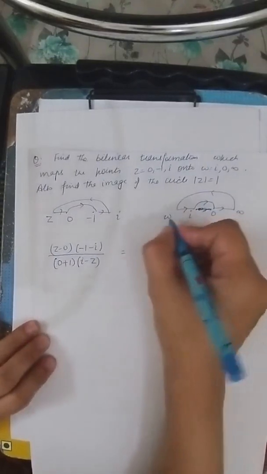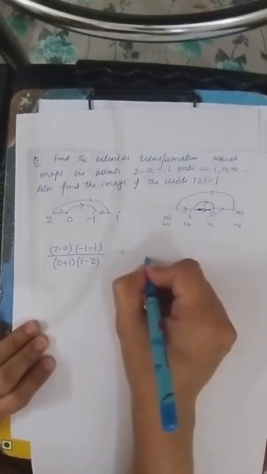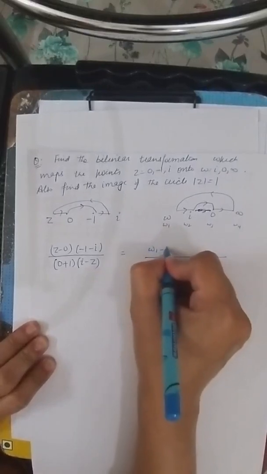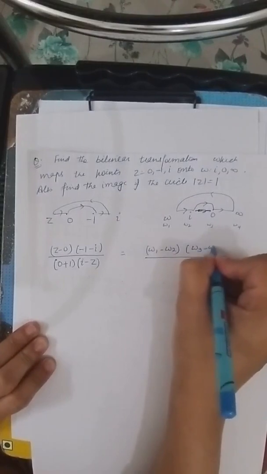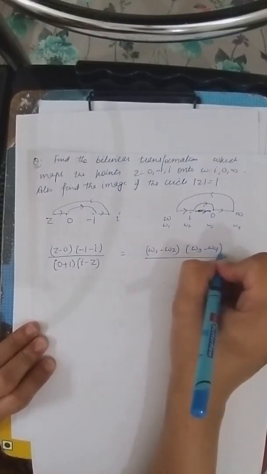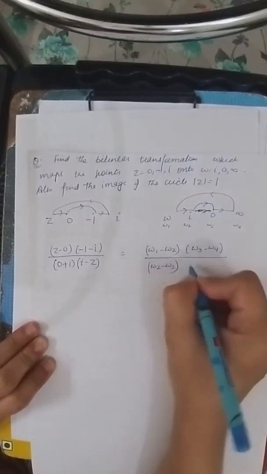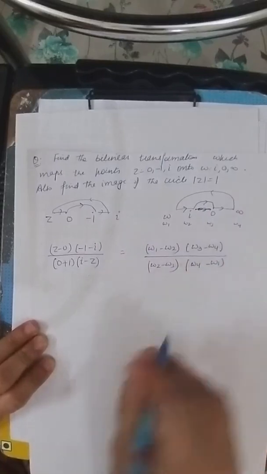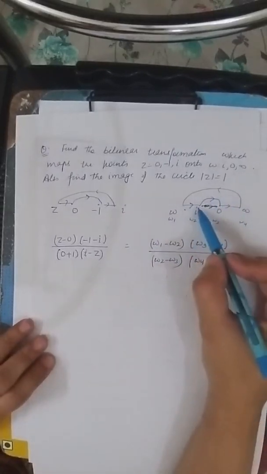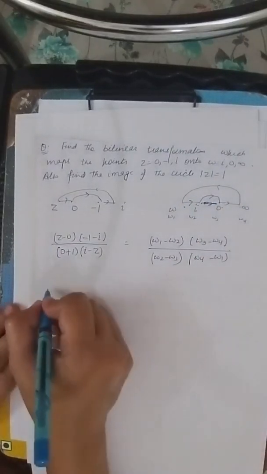For that I just write these points as w1, w2, w3, w4. This can be written as (w1−w2)(w3−w4) divided by (w2−w3)(w4−w1).